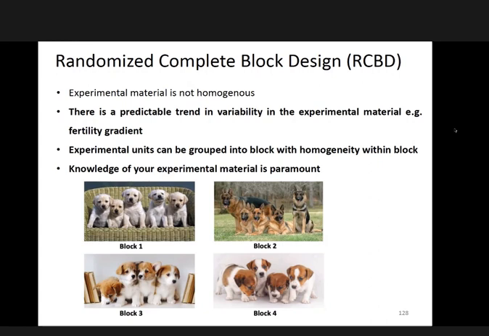If you're using a human being as your experimental unit, then you can group them using age.